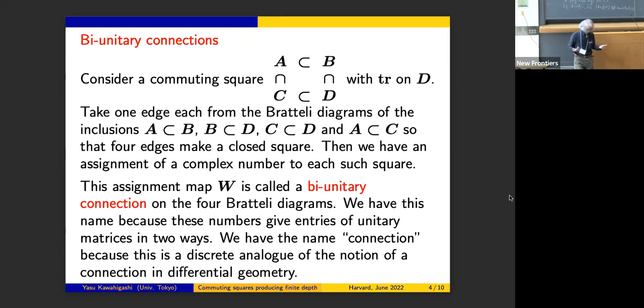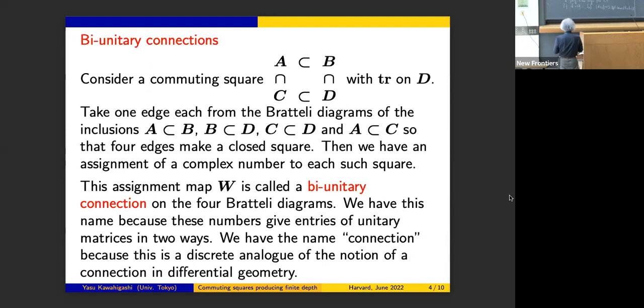This name arises from an analogy to differential geometry. So this is a kind of discrete version of a connection in differential geometry, and this bipartite graph is a kind of discrete manifold. Then this name, biunitarity, means these numbers give entries of unitary matrices in 2 ways, so they are doubly unitary in some sense.